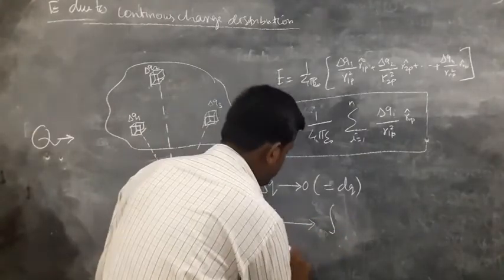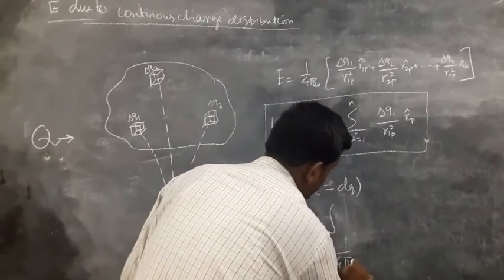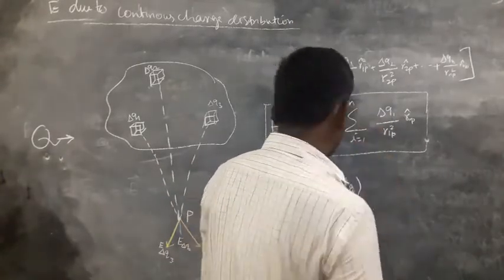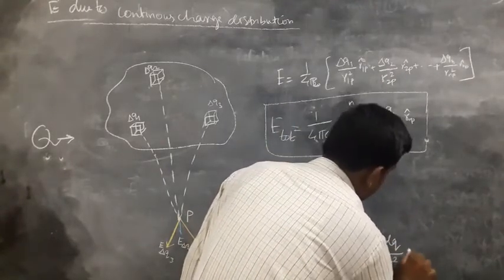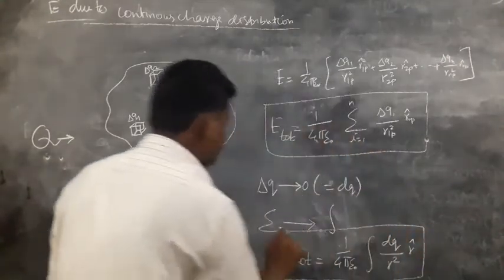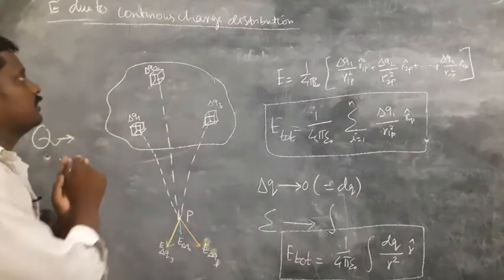We can rewrite the equation: E total is equal to 1 by 4 pi epsilon naught summation, instead of delta Q you write dq by R squared R cap. So this is the total electric field in terms of integral calculus: E total is equal to 1 by 4 pi epsilon naught integral dq by R squared R cap.